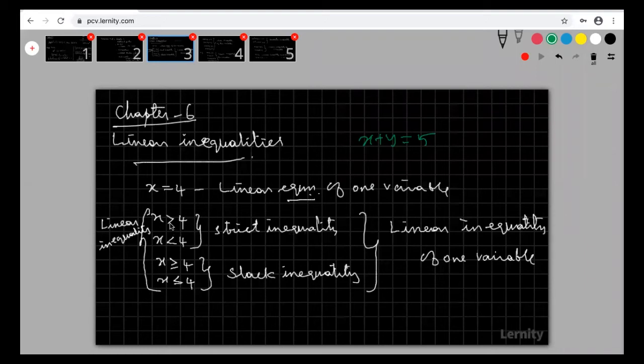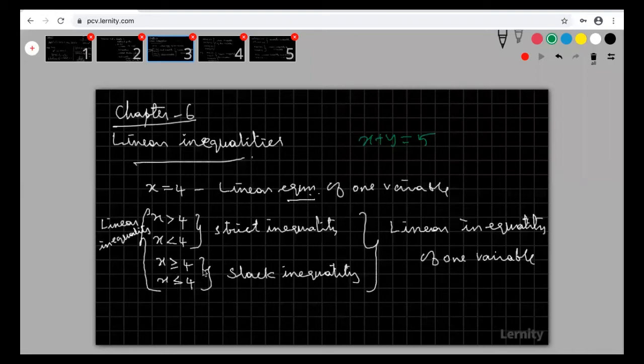Okay, and why are we saying this is a strict inequality? Because my x is strictly greater than 4, or strictly less than 4, not equal to 4. Therefore, these types of inequality are called strict inequality. But here it is greater than 4 as well as equal to 4, and this is less than 4 as well as equal to 4.